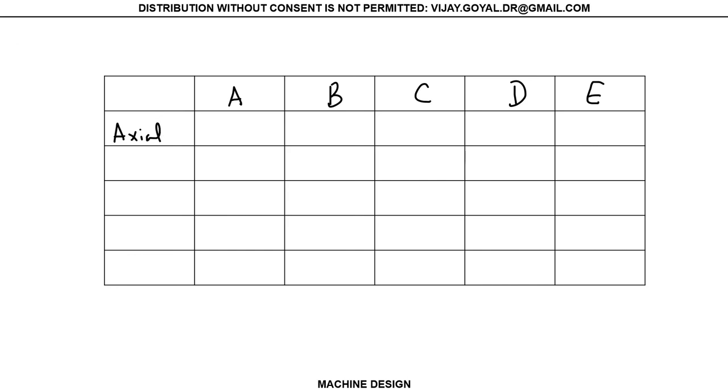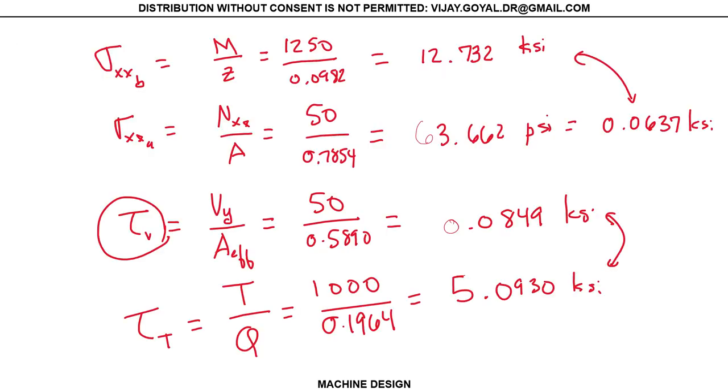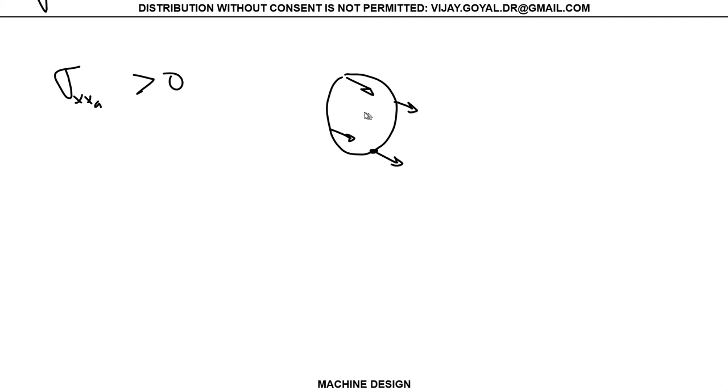For the axial load, again, it's all positive. Since it's all positive values, the value of the axial load is all positive. So that means that all the points in my cross section, A, B, C, D, and E, are going to have the same value, P over A, and it will be all positive.